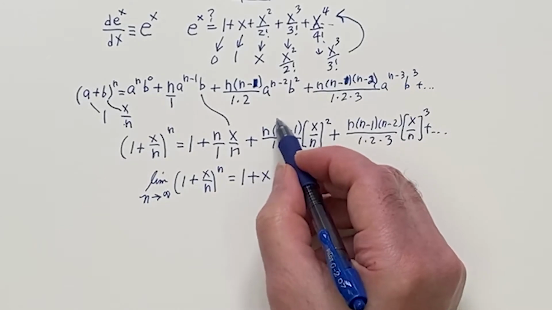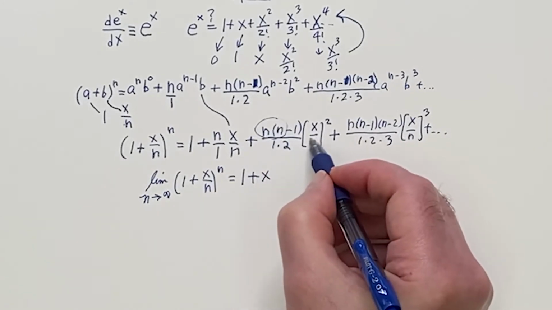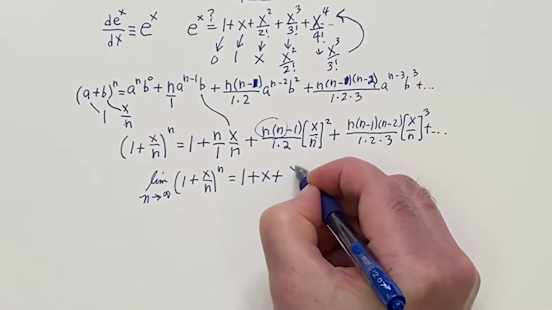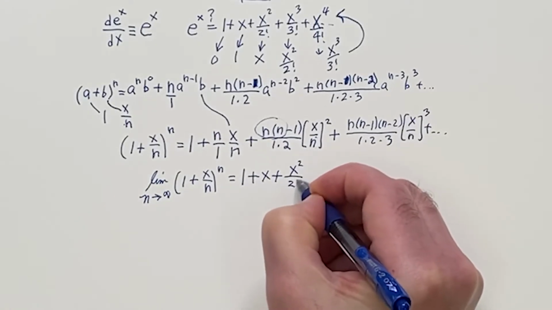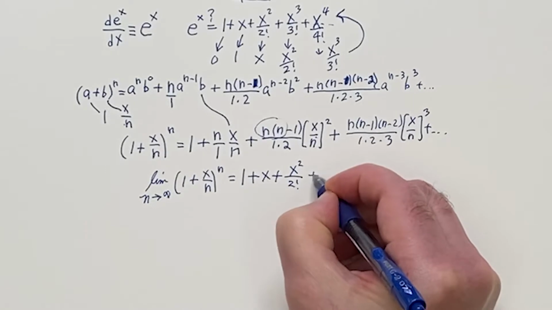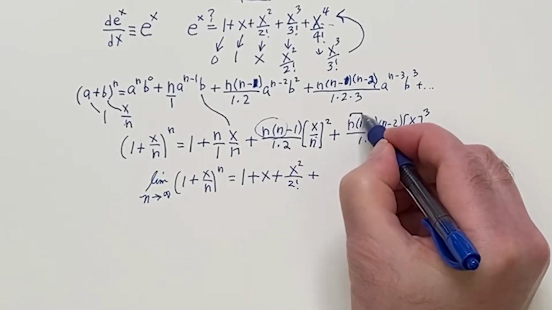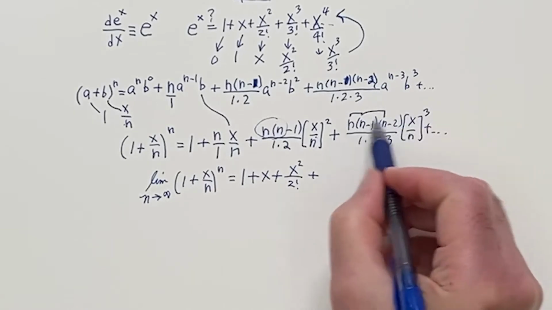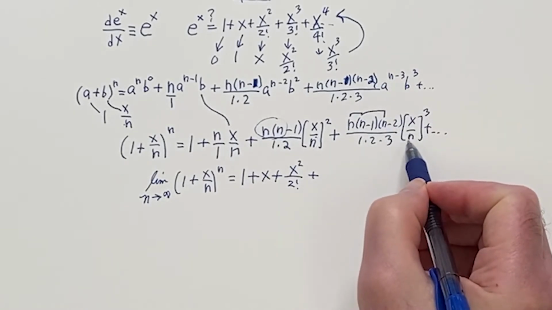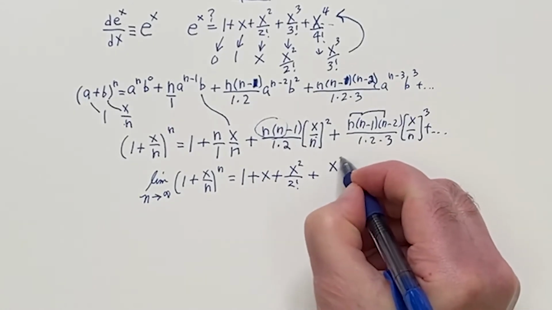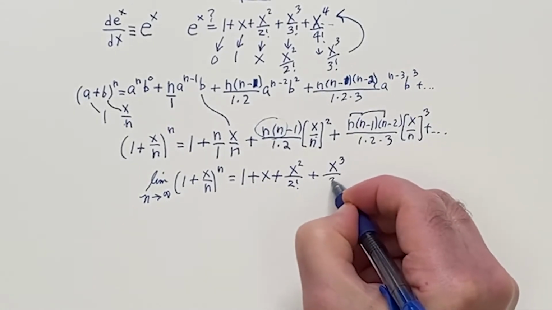So it's the n squared one that we're really interested in. It will cancel the n squared. And that's going to be x squared over 2 factorial. Then if we come over here, we'll have n cubed by these 3. And that's the one we're interested in because that'll cancel this n cubed. And you'll have then x cubed over 3 factorial.